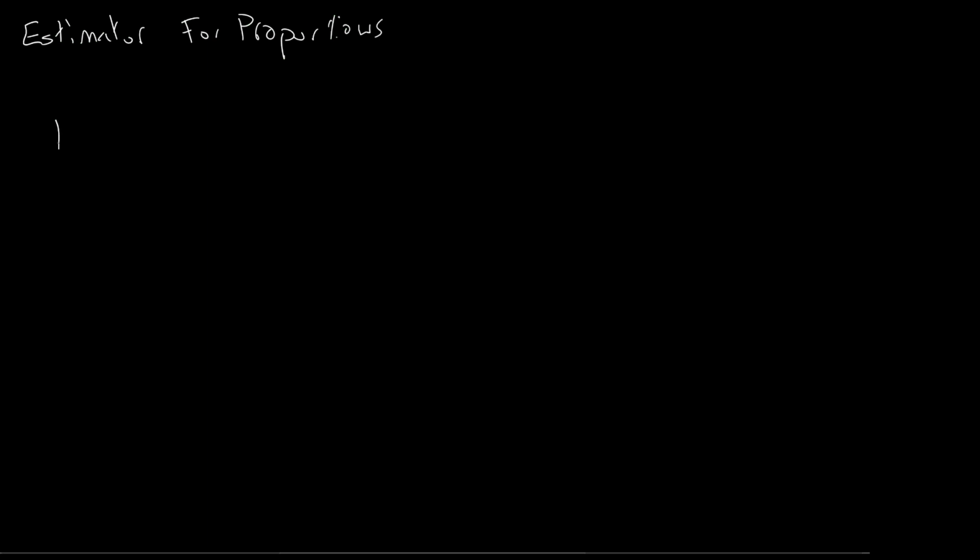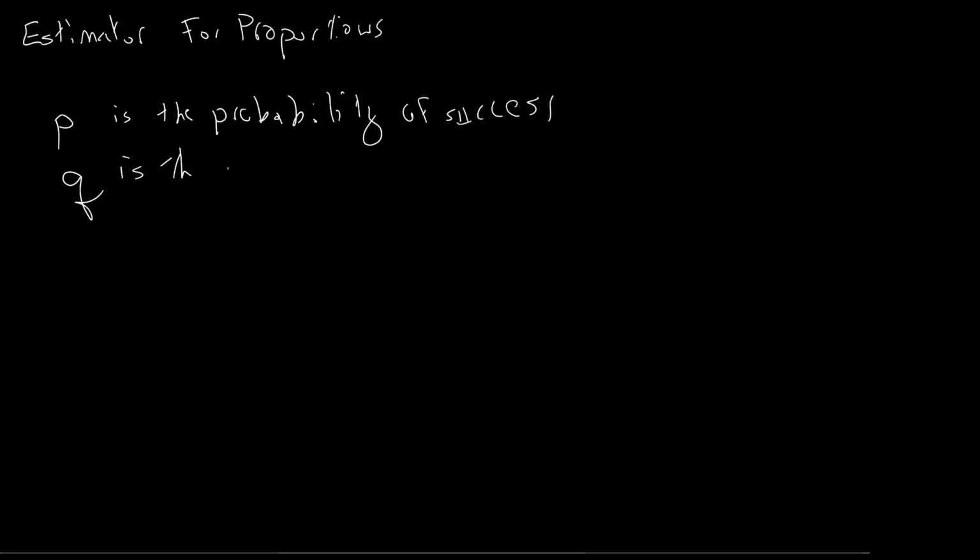So we've been using the variable p as the probability of success of a probability experiment for a single trial. We also had its related variable, q, which is the probability of failure.